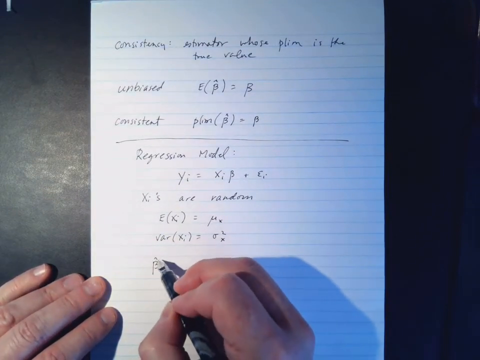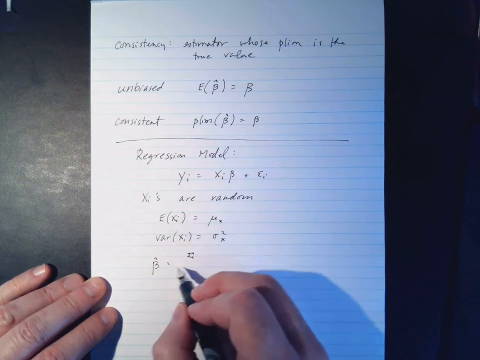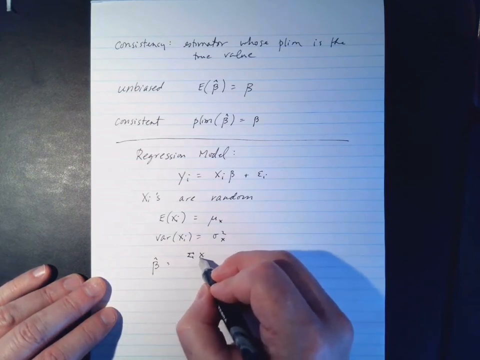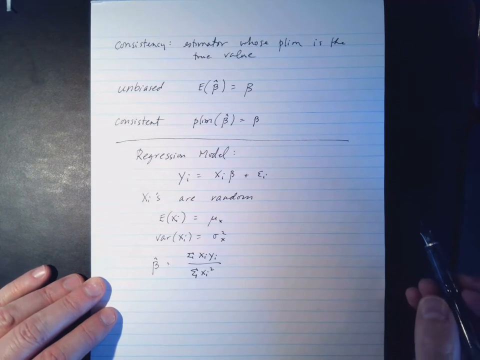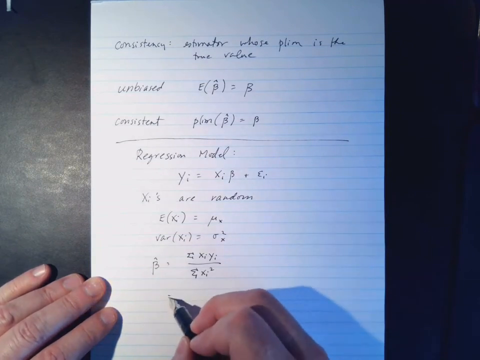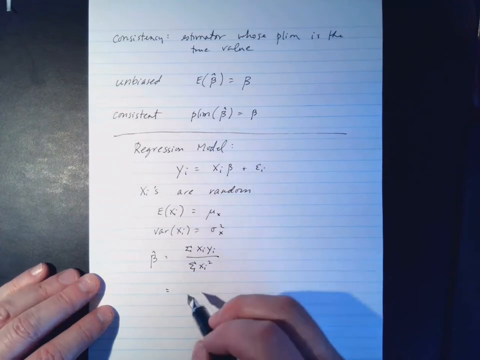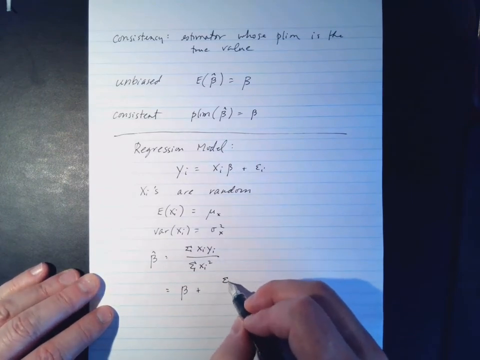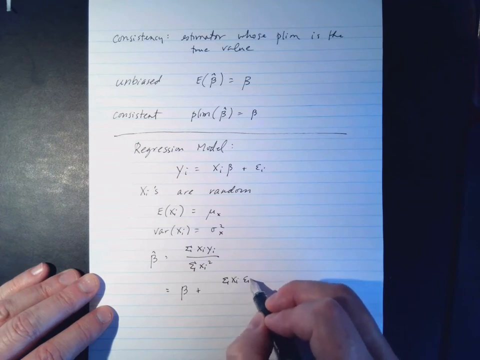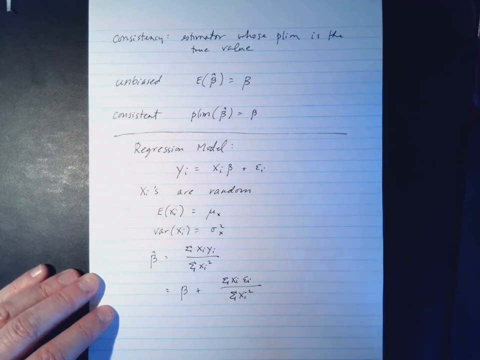If we use OLS, then as you know, the formula for beta hat is the sum of x y over the sum of x squared. From the standard decomposition that we've used before, that is beta plus the sum of x epsilon over the sum of x squared.